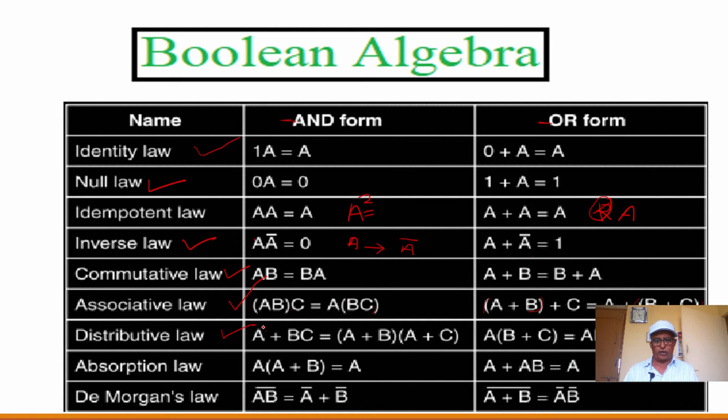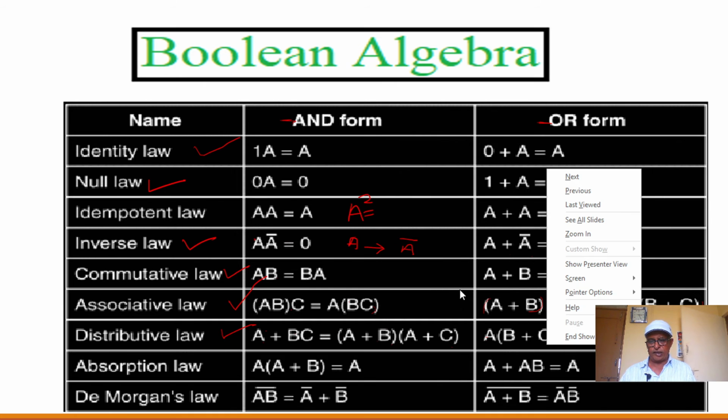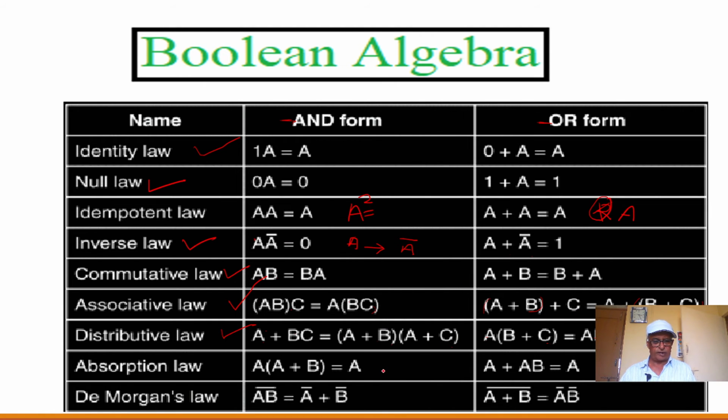So distributive law means A is distributed to B and A is also given to C, but the operators are not changed here. That is OR gate and AND gate. Similarly, A is ANDed with B, A is also ANDed with C, then we get the same result.